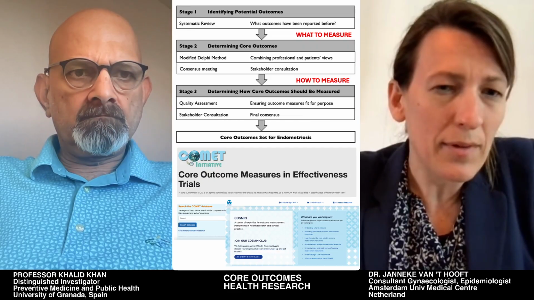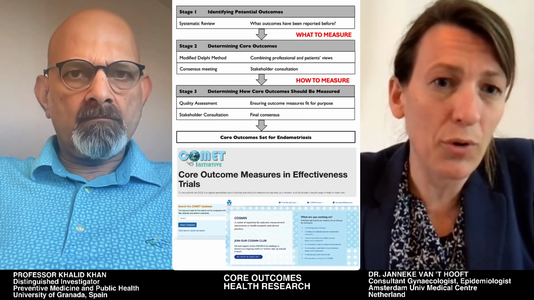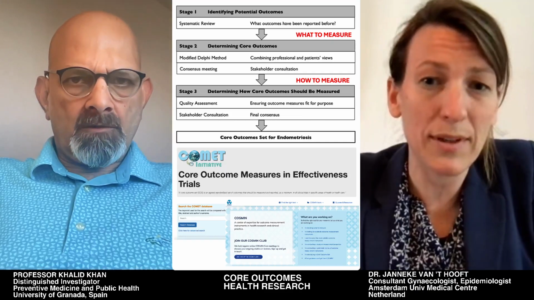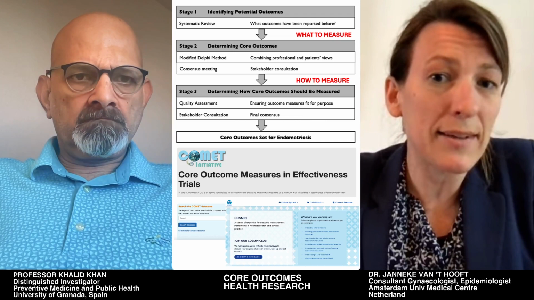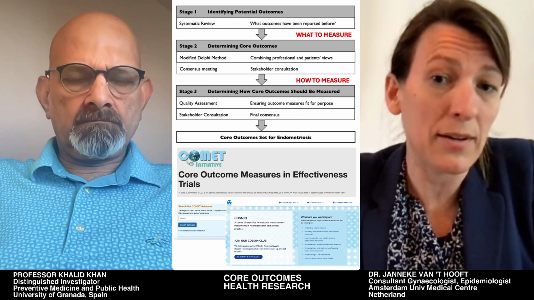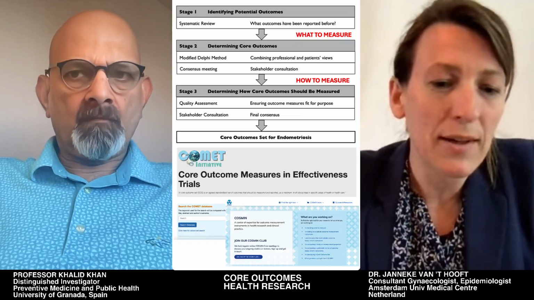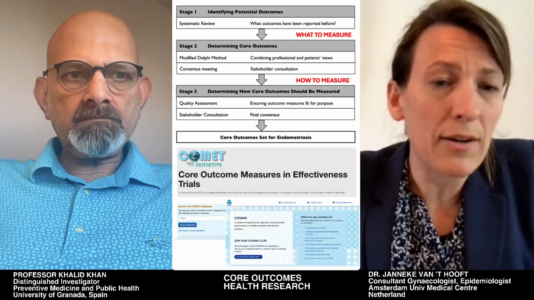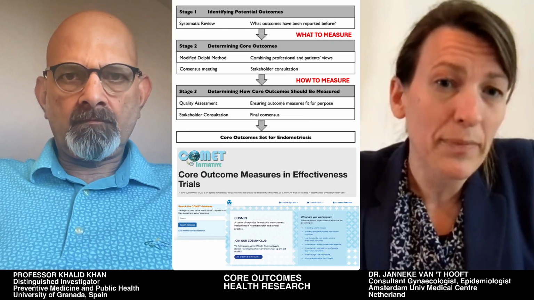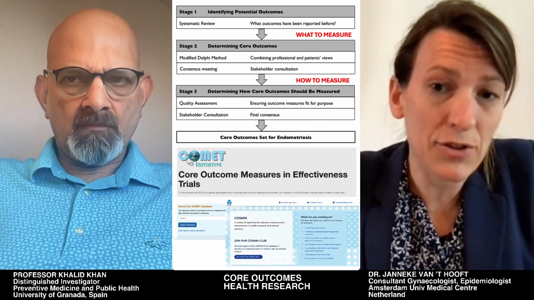Defining that means you need to identify first all the different outcomes that are used in previous research, but also by asking women with a particular condition, in my case, women, but it could also be, of course, men, depending on the condition, what they think are outcomes that are important, because they could be very different from what is published in the literature.